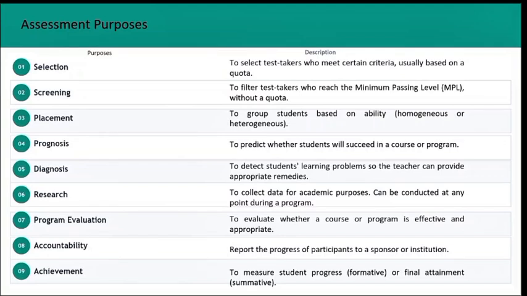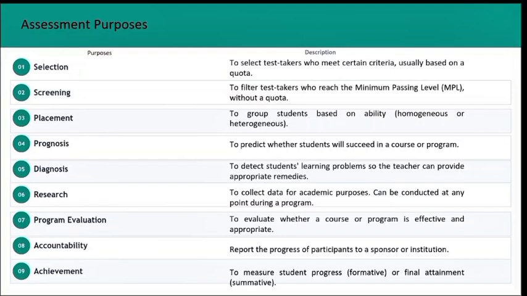And the next, program evaluation: to evaluate whether a course or program is effective and appropriate. And the next, accountability: to report the progress of participants to a sponsor or institution. And then the last one is achievement: to measure student progress by formative or final attainment, summative.